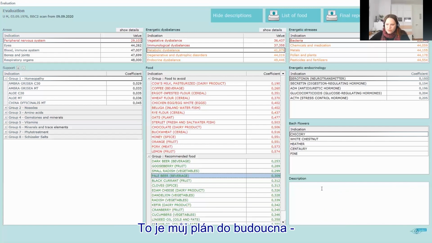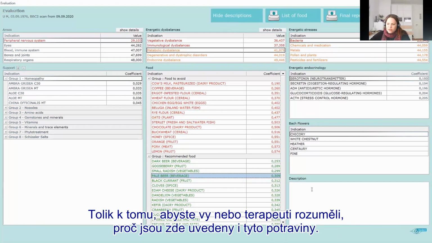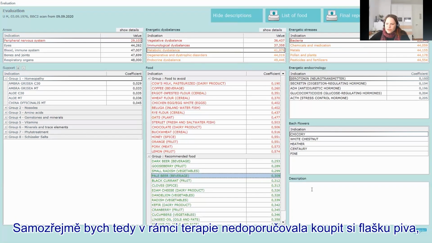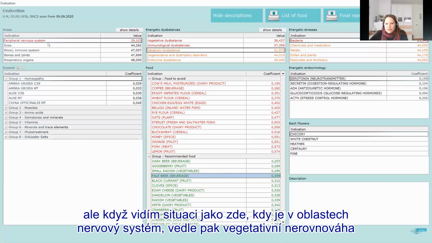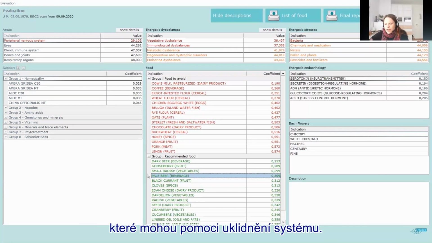This is the plan for the future from me, to have the energetic description of the food written in the description, so that you, or the therapist, can understand why these foods are listed, because the foods are listed in an energetic way as well as all the other categories. Of course I won't recommend buying a bottle of beer to treat, but when I have the nerve system on the top, I have the vegetative disbalances. So I know that it's not to drink the beer, but the ingredients of the beer would help to come down.